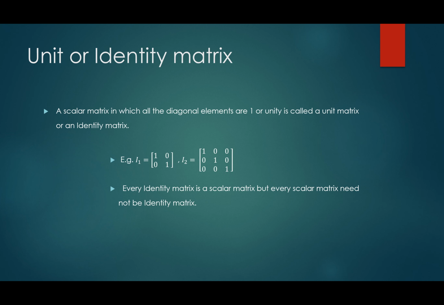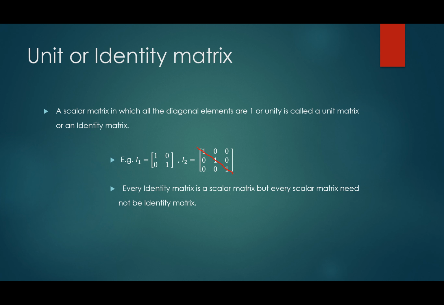Other than 0 and other than 1, if I have 2, 3, 4, 5, 6, 7, 8, 9 and so on as the diagonal, that kind of matrix is called a diagonal matrix, sorry, a scalar matrix, if all the elements are equal. But if all the elements of the diagonal are 1, then it is called a unit matrix or identity matrix.